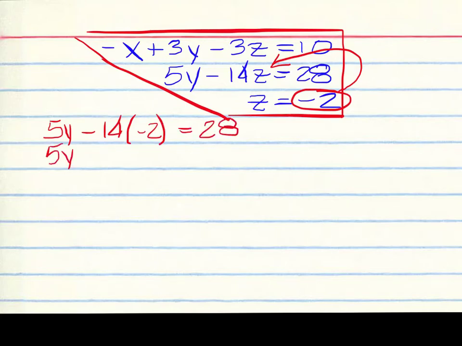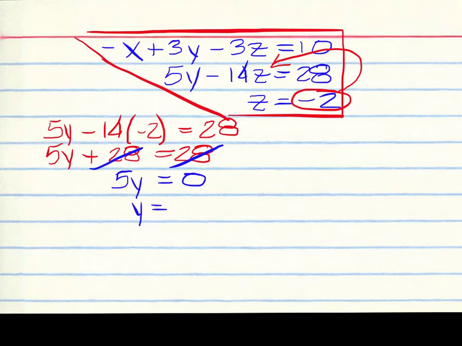And negative 14 times negative 2 is going to be a plus 28. And here's a tip. Anytime you see something like plus 28 and plus 28 on opposite sides, that just means you're going to end up with a 0 on the right side because they will cancel each other out. So clearly y is going to be equal to 0.